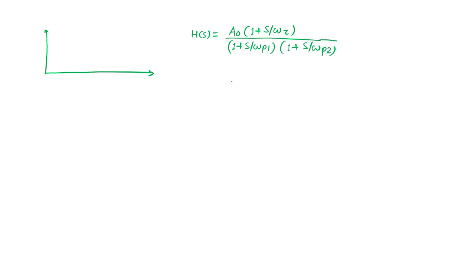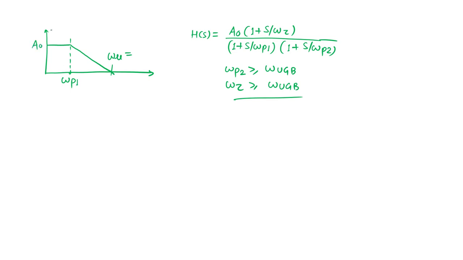So ideally what we expect is that omega p2 should come after omega UGB, and omega z should also come after omega UGB at least, so that I can have the first order approximation till UGB, which is nothing but a characteristic of my ideal integrator. This is my omega p1, which is a 3dB frequency, and this is my DC gain. So this is the bare minimum requirement for us.